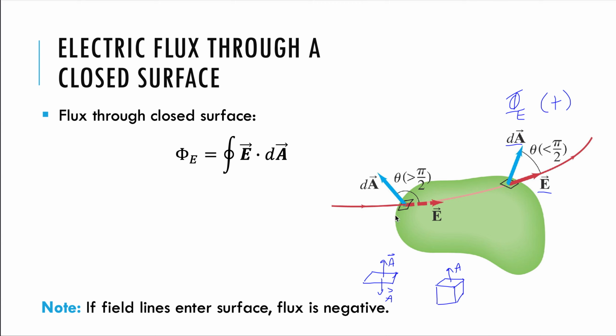But when the field is entering the surface, then we're going to get negative flux, because now the angle is greater than 90 and less than 180, so the cosine is negative. I just made that note here to remind us of the sign conventions. Positive flux when the field is exiting, negative flux when the field is entering that surface.